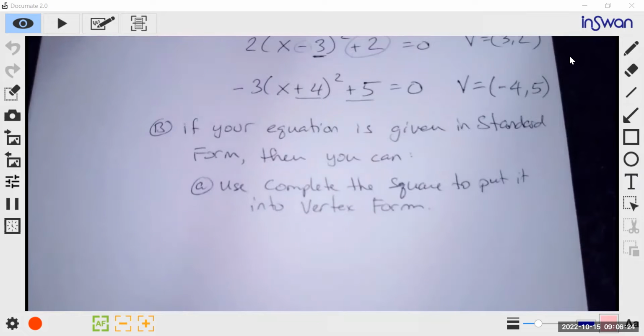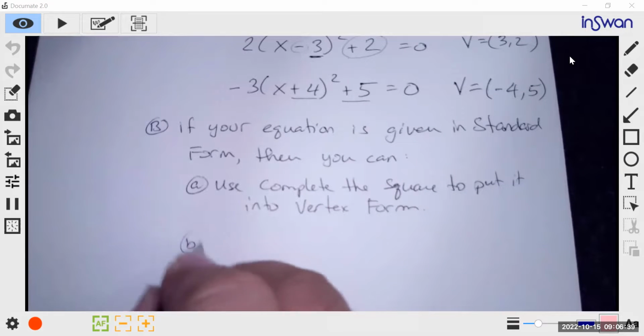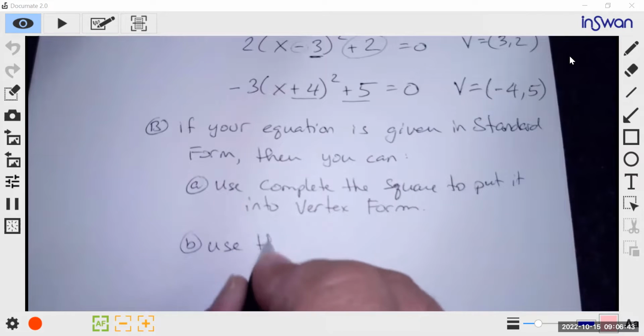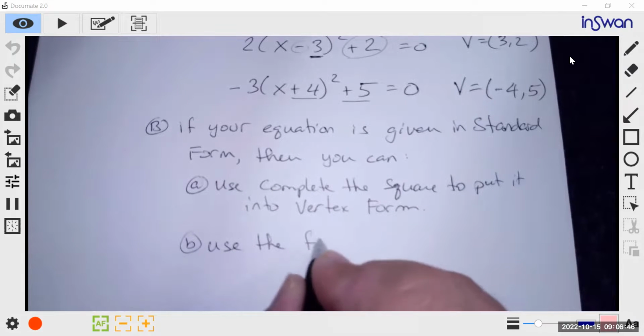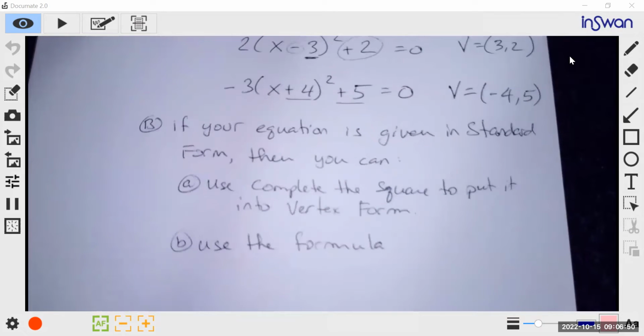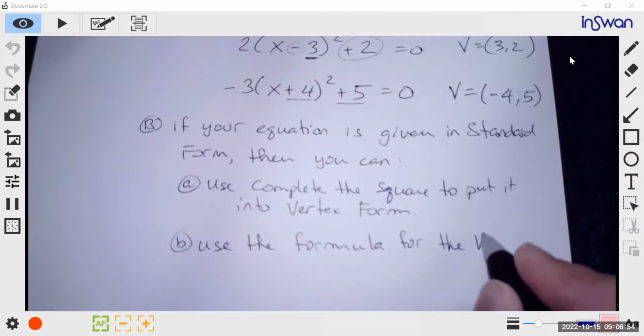Remember, we did that earlier. When we did the complete the square, we can do two things. We can either solve it or find the vertex. Or you can use the formula for the vertex.